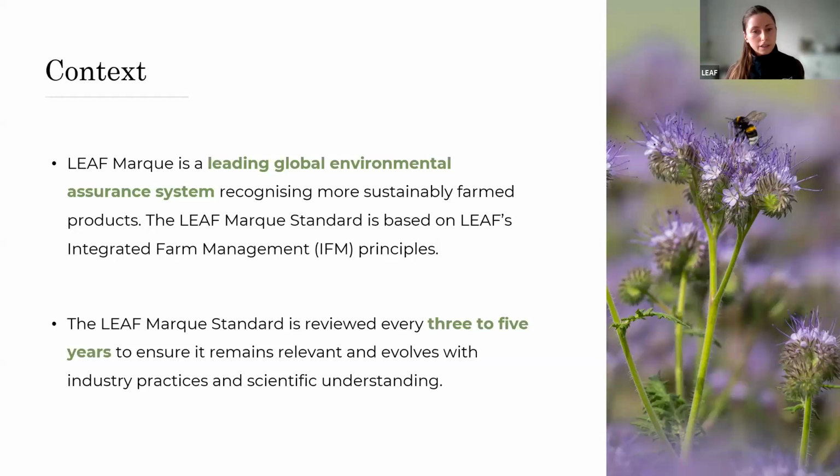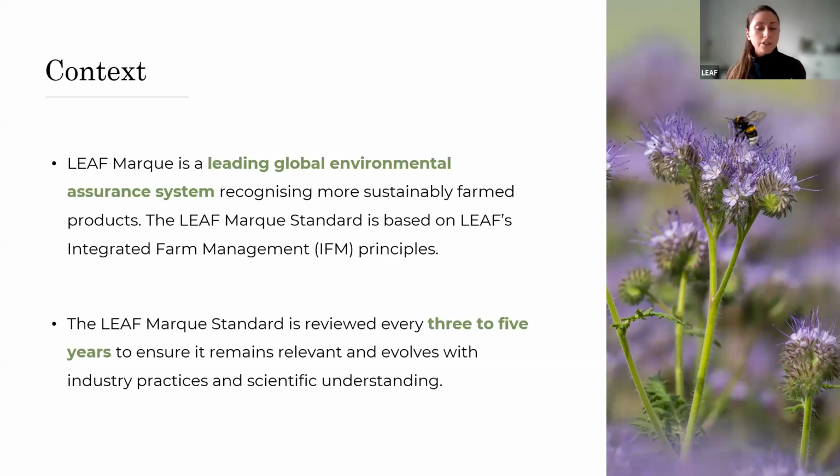So the LeafMark standard is reviewed every 3 to 5 years approximately to ensure it remains up to date and evolves with the needs of the farming industry and also producers, supporting producers on that sustainability journey, building resilience within their business and having a better impact on the environment.